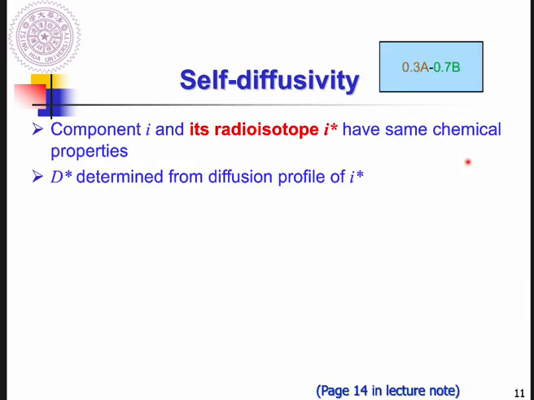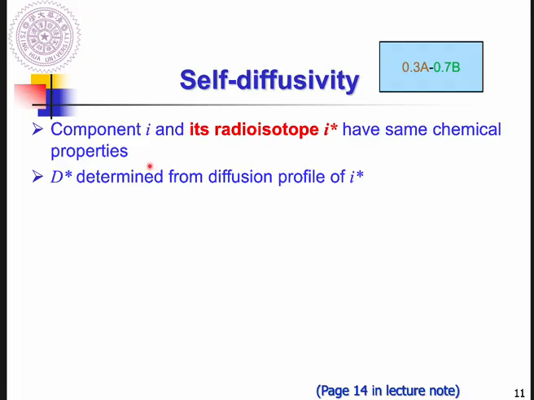Okay, so let's move to the self-diffusivity. For self-diffusivity, the material we have here is either a single compound or alloy, or single compound materials, or an alloy where the concentration is uniform everywhere.